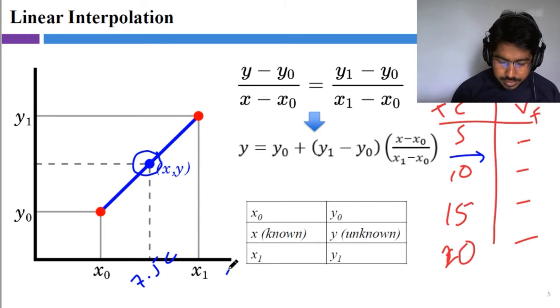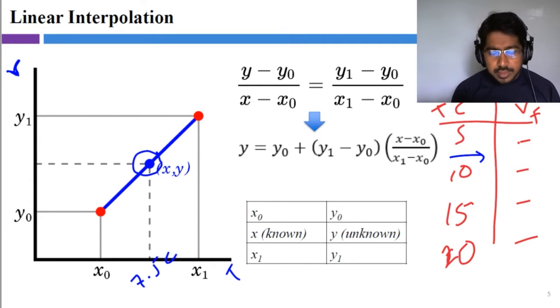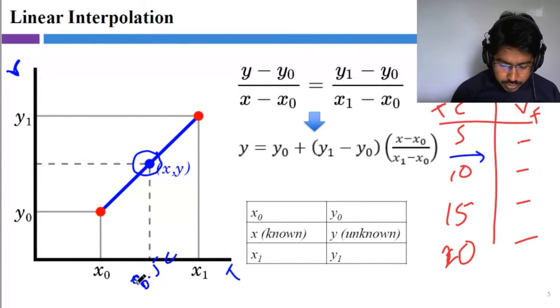Let's assume x is temperature in this context, and y is specific volume, right? So now you are interested in knowing the specific volume at 7.5 Celsius, or just to avoid any confusion, let's say 8.5. In order to do that, we assume the parameters vary against each other in a linear pattern.